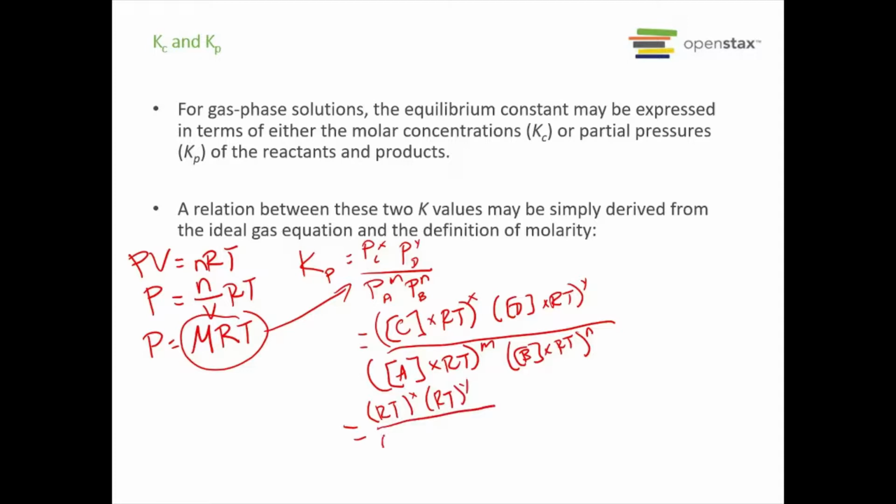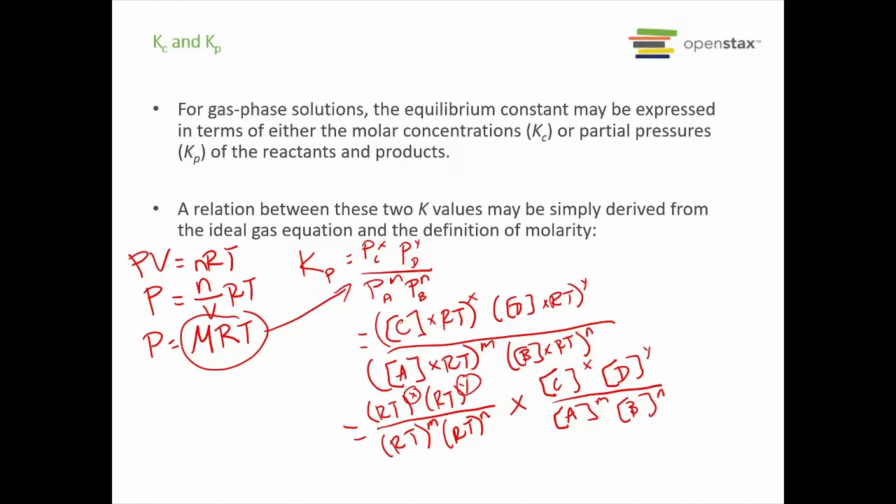We're just going to put all the RTs to the left. RT to the m times RT to the n, and that is multiplied by the concentration of C to the x times D to the y over A to the m times B to the n. And what happens when you multiply exponents? You add them together, right?